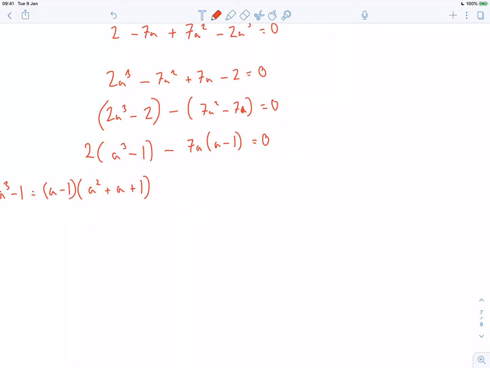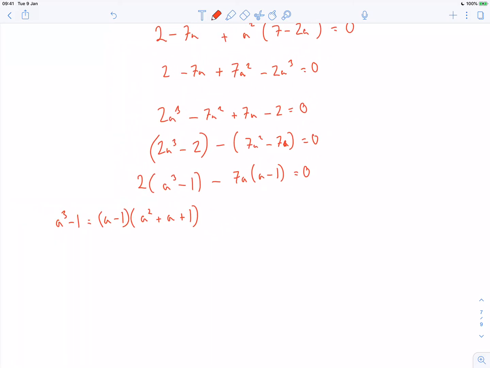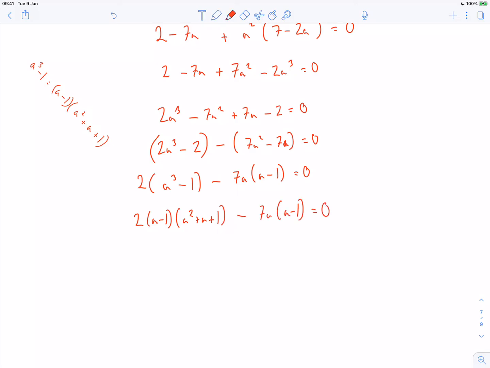So in actual fact, if I take this off as a side note over here, then what I've got is 2 lots of a minus 1 times a squared plus a plus 1, minus 7a lots of a minus 1. Oh, lo and behold, they both have an a minus 1 as a factor.